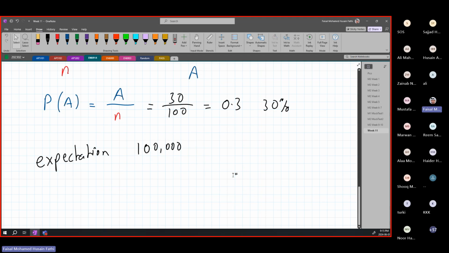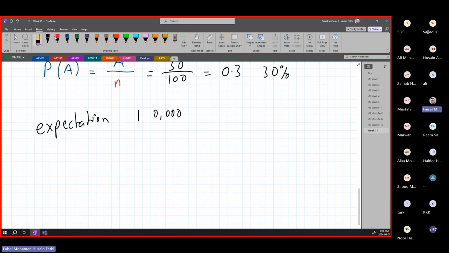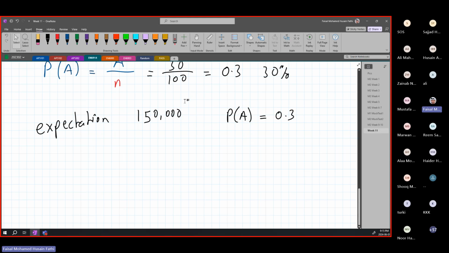Out of 100,000 students, or let's say out of 150,000 students, how many students are expected to pass? So now we have probability of passing, which is P of A, which is equal to 0.3 or 30%. This is the probability of passing we know at this university. So for 150,000 students, this is our new N, all right? This is our new N.